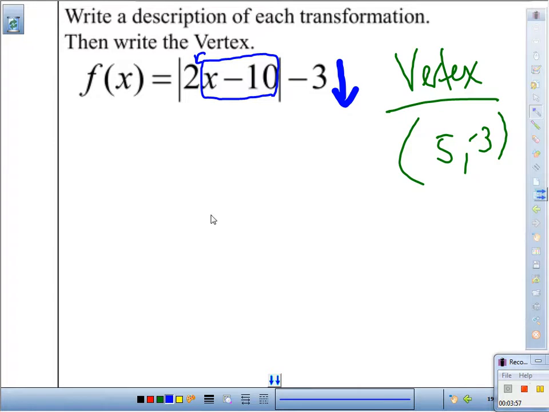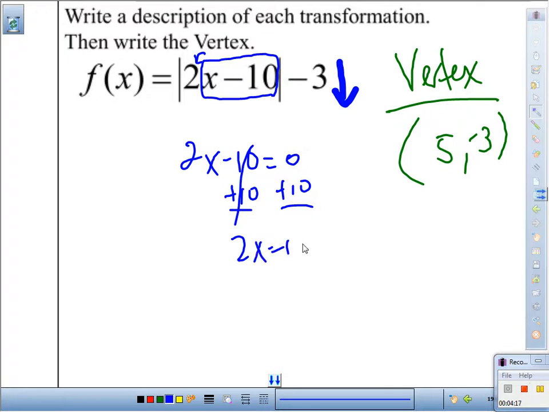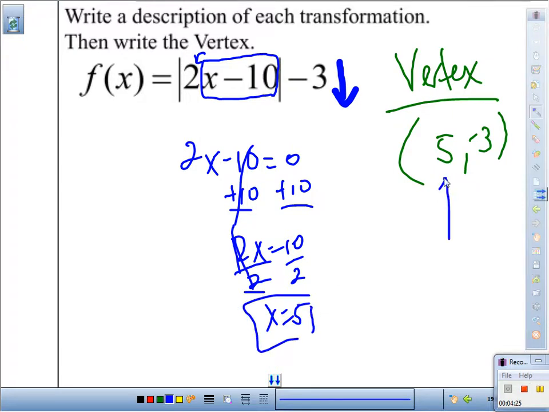When that's the case, we write 2x minus 10 equal to 0, and we solve for x. That's going to be our h. That was number 8 on your home play last night. Here we go. Plus 10, plus 10. 2x equals 10. Divide by 2. x equals 5. And that's our h.